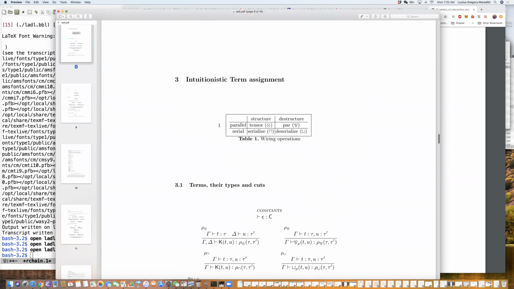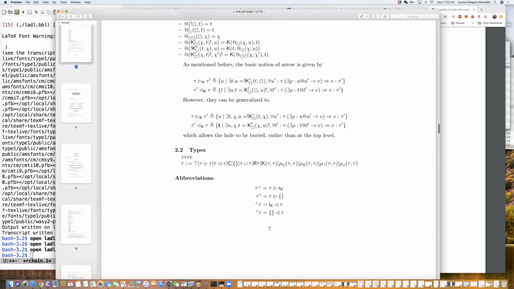So if we go back up here, K is the gadget that we use to form the left-hand side of an arrow. So in the case of lambda, K is application. In the case of pi or rho, K is par.